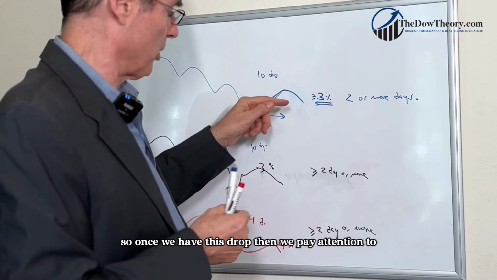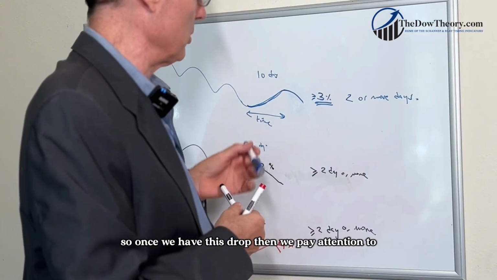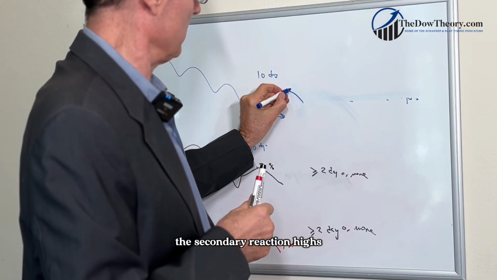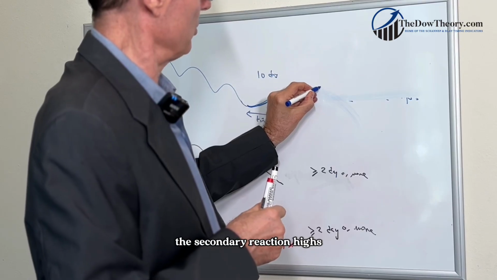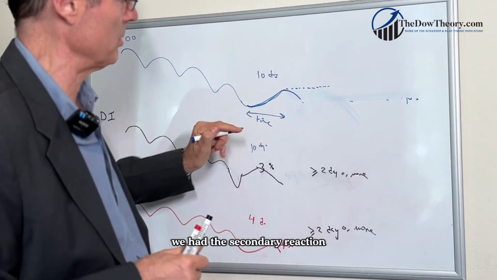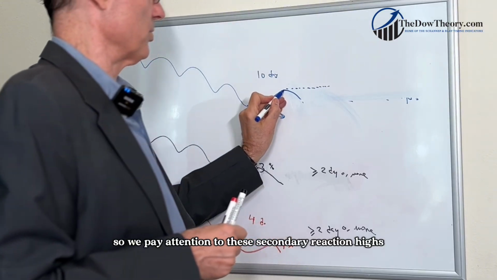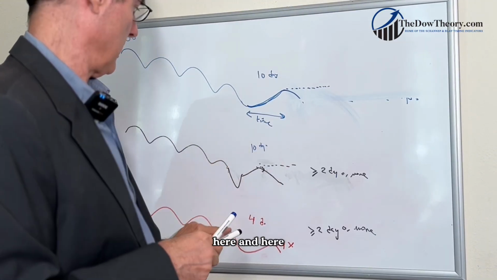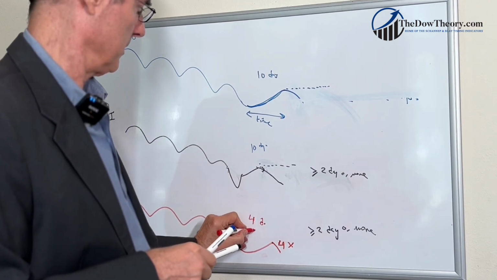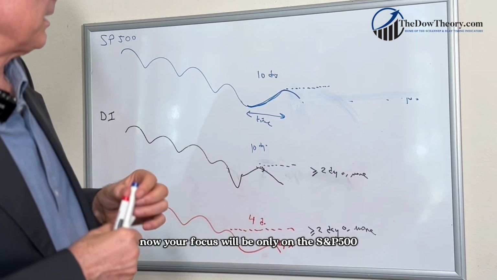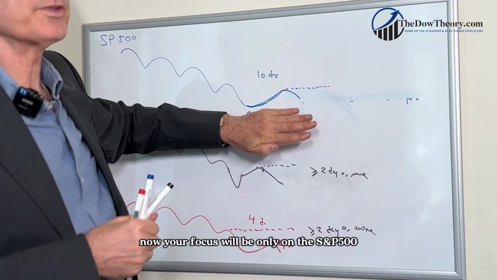So once we have this drop, then we pay attention to the secondary reaction highs. You remember, we were in a bear market, we had the secondary reaction. So we pay attention to these secondary reaction highs here, here, and here. This is the Dow Transportation. And once again, now your focus will be only on the S&P 500.